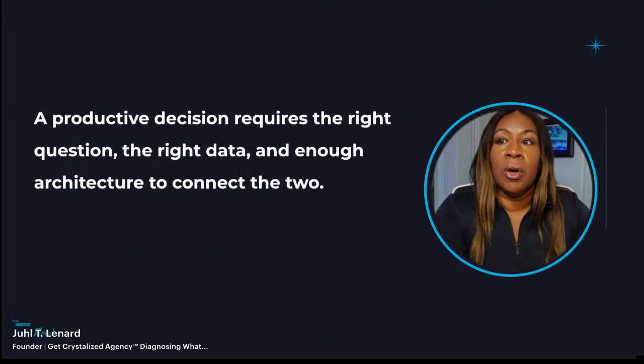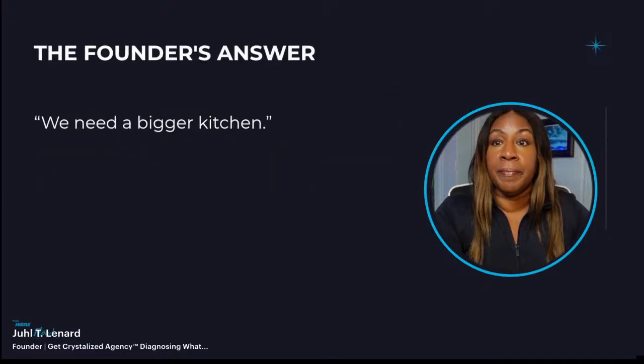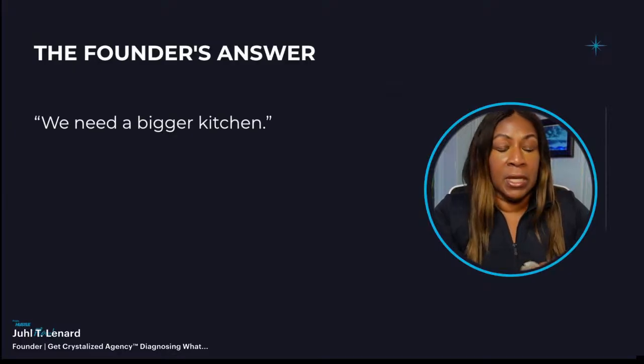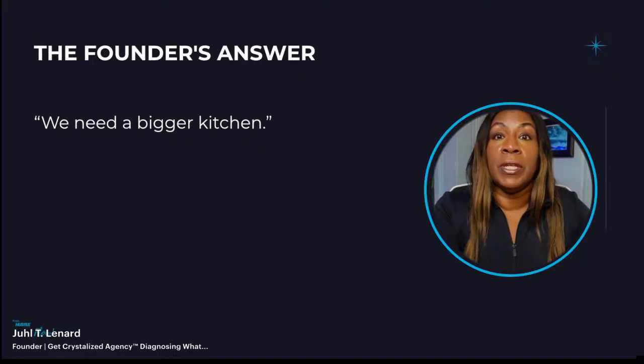Okay. So I've talked about this before. A productive decision requires the right question, the right answer, and enough architecture to bring them both together. Okay. So, in previous examples, let's take the example of someone who is looking for funding to expand the kitchen for a new client.